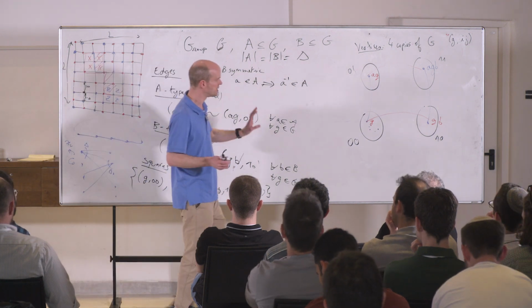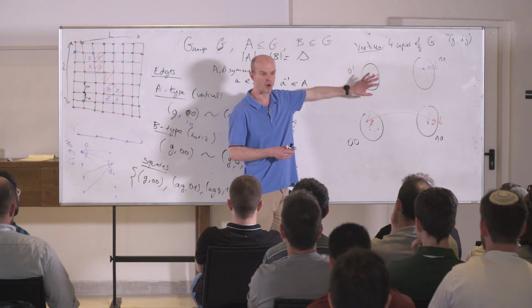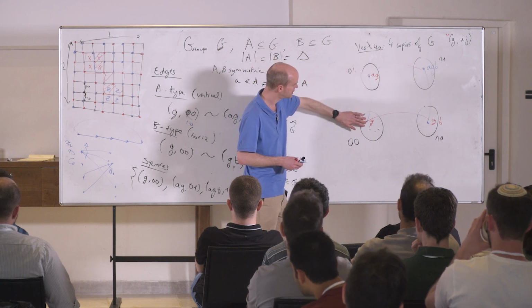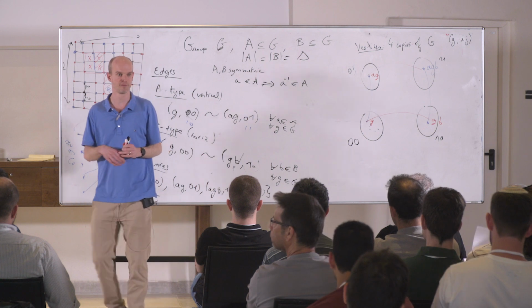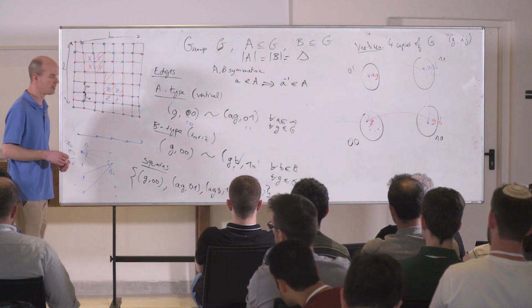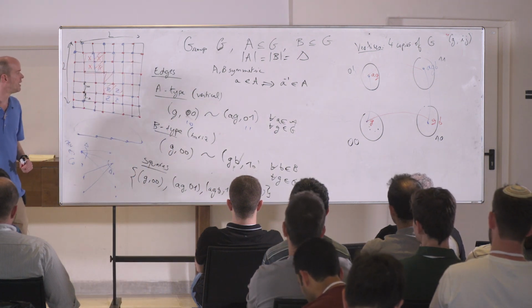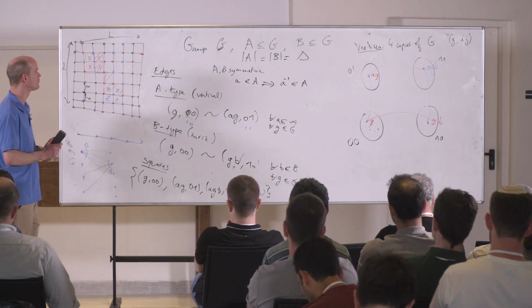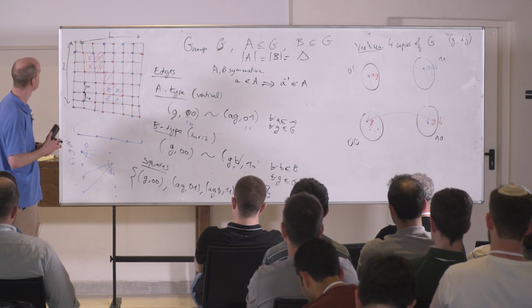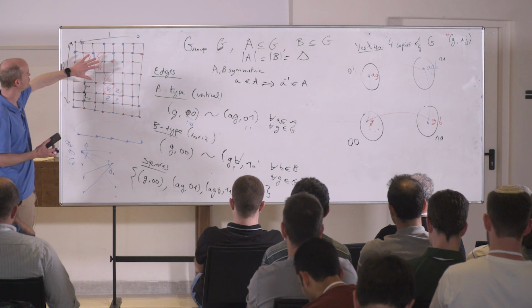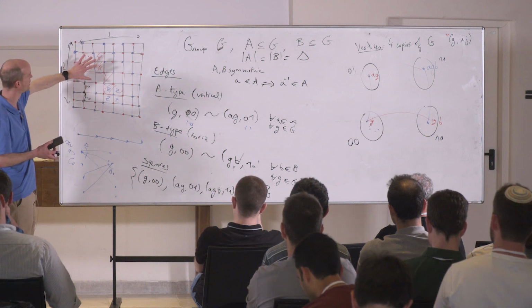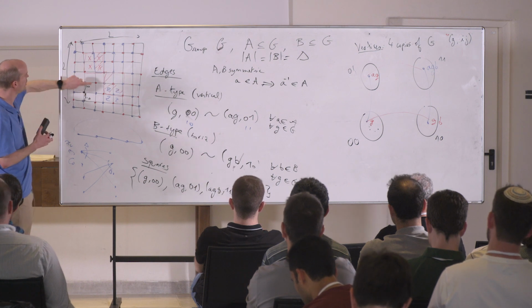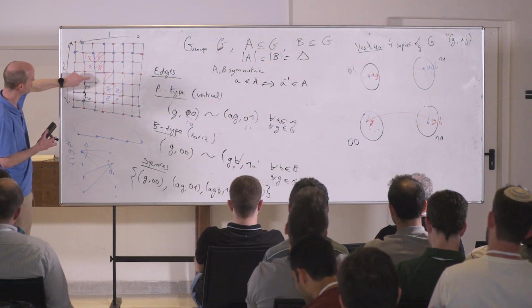And now we'll do the same thing. We'll put the qubits on the squares, and we'll put the constraints on the vertices. Okay? So now, in the case of the surface code, everything was kind of easy to picture. You can picture everything at the same time. You can look at a vertex, and you can look at its neighborhood.